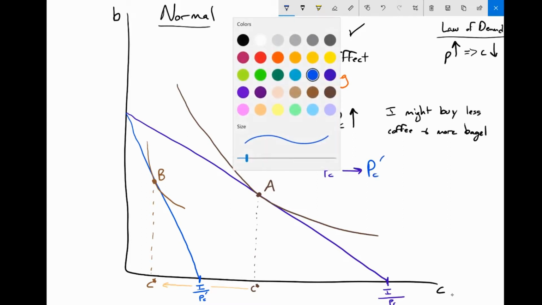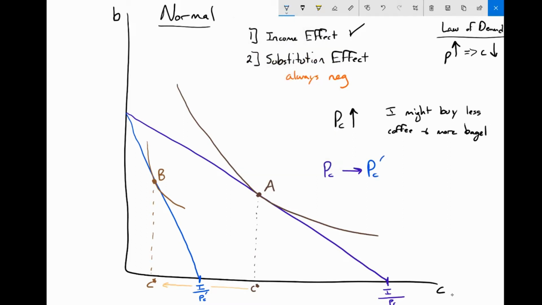But then imagine that at the same time that the price went up from PC to PC prime, the agent was given enough money so that despite the increase in price, they were still able to buy a bundle on their original indifference curve. I'm going to illustrate that like this.